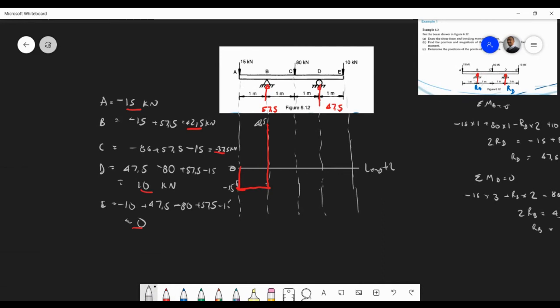And then it stays constant till C. Then what happens at C? We're down at minus 37.5, so we have to go all the way down again. It's lower than that. And then at D, D is at positive 10.